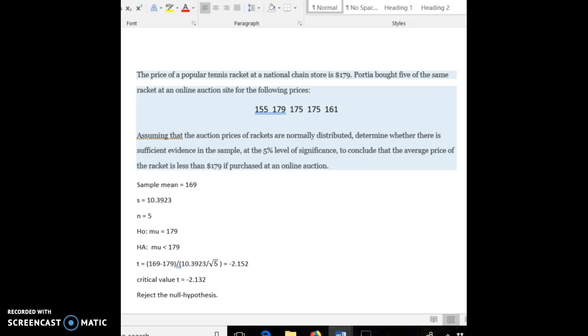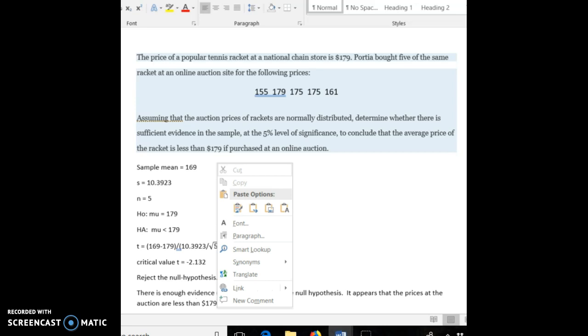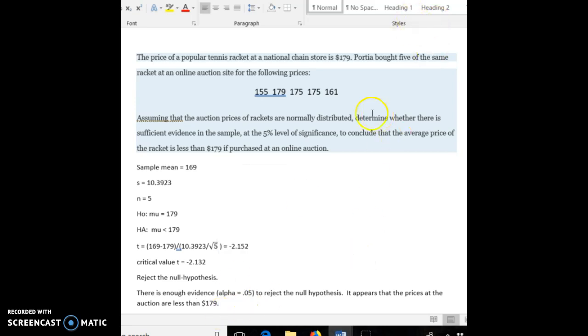So there is enough evidence at alpha equal to 0.05 to reject the null hypothesis. It appears that the prices at the auction site are less than $179. And there we have it.